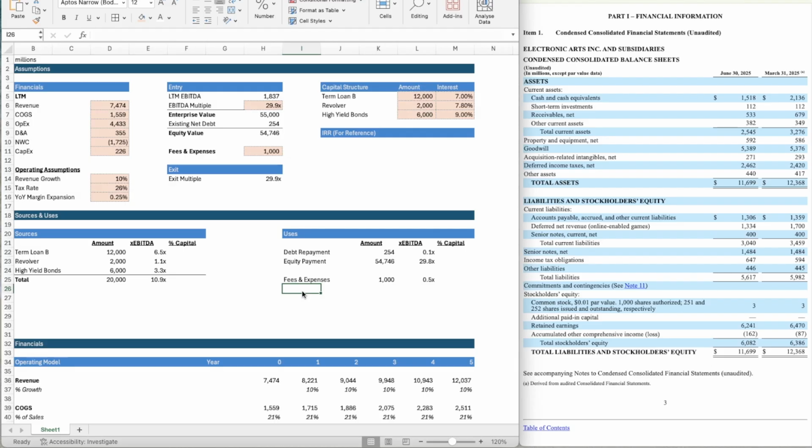So we go total uses, and that is going to be, we just add everything up. There we go.